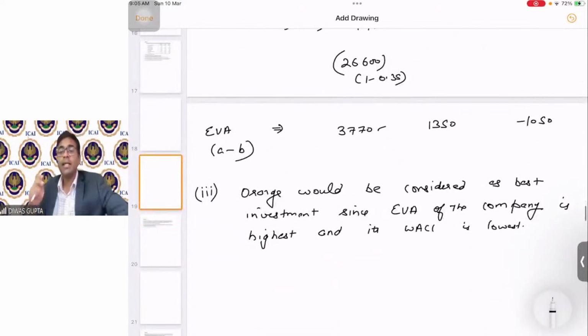So for the same level of business, the same level of investments, wherein it is also categorically mentioned that they are exactly same. All the three companies are exactly same only because of their capital structure. The reason why their WACC is lowest is that the highest percentage of debt is in this company, and the company is getting an advantage of the tax on the cost of debt, right? That is why it is higher.